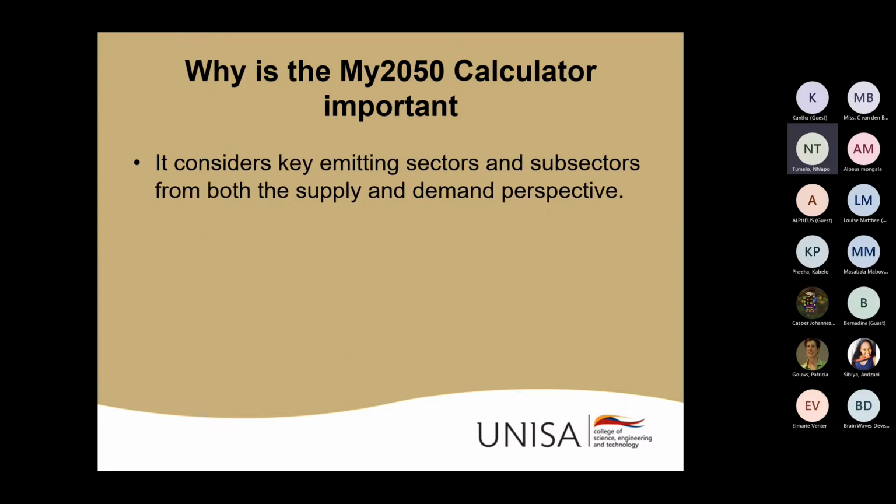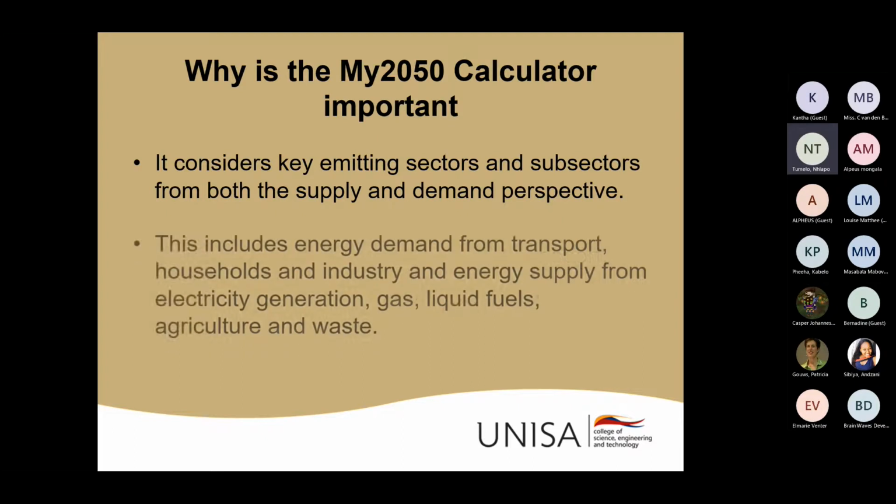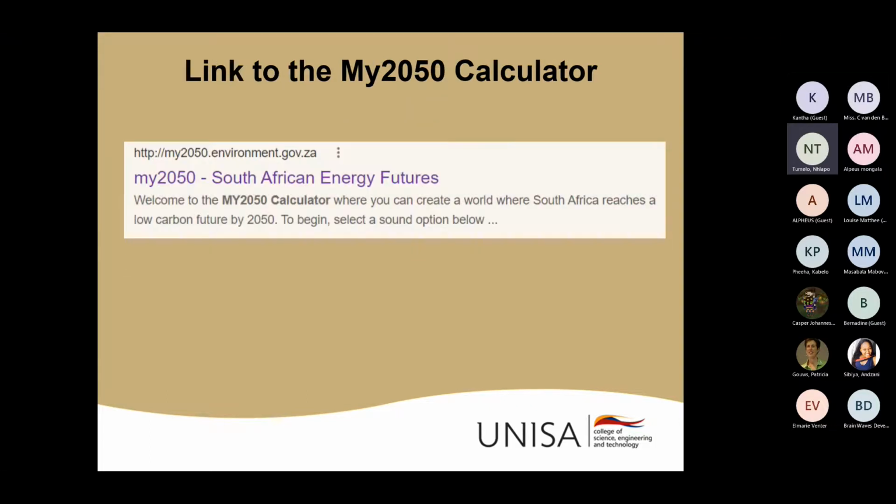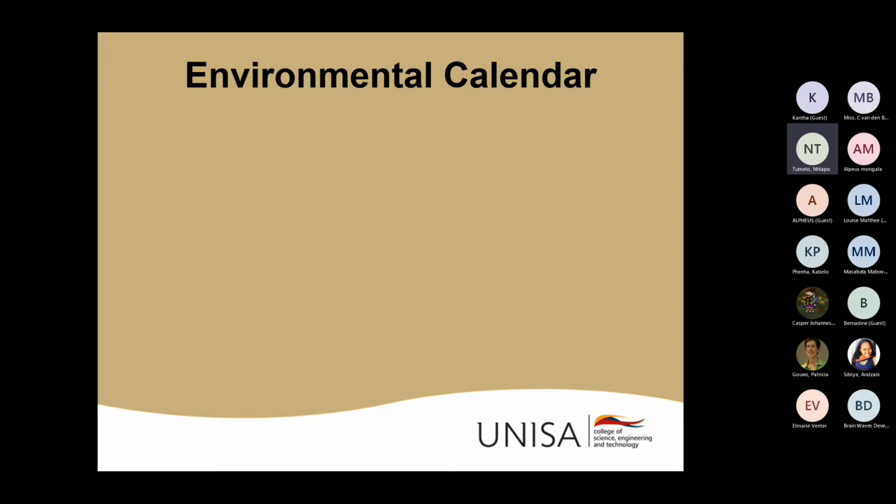Because as I mentioned yesterday, this calculator considers key emerging sectors and subsectors from both the supply and demand perspective, and includes energy demand from transport, households, industry, energy supply from electricity generation, such as gas, liquid fuels, as well as agriculture and waste. And I just showed you the link.